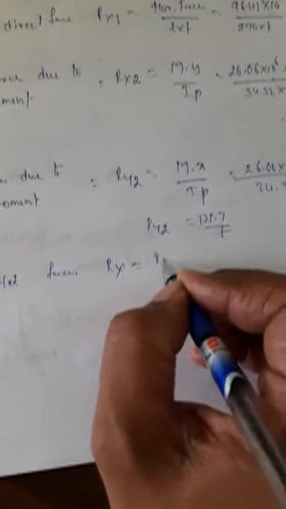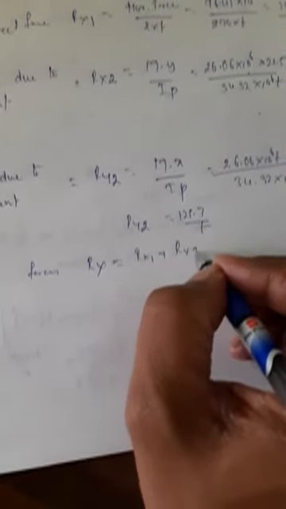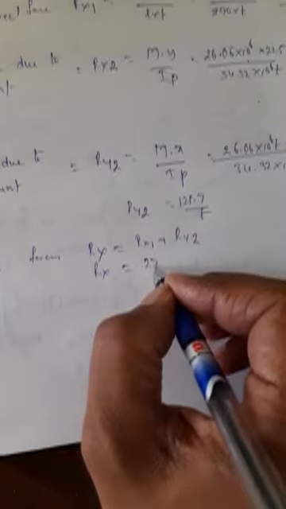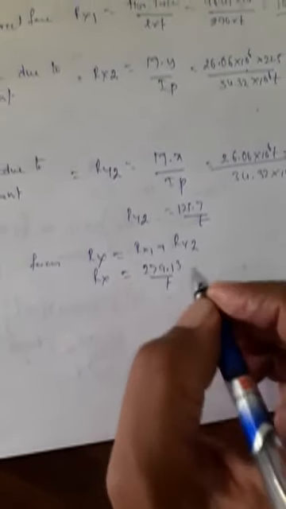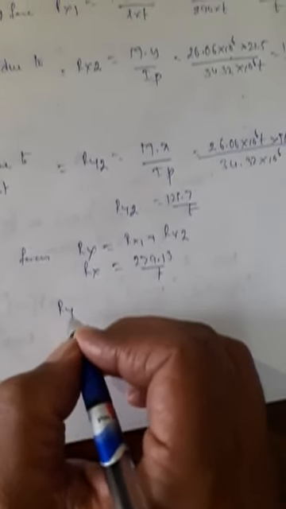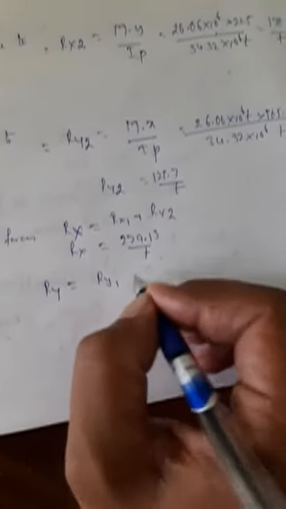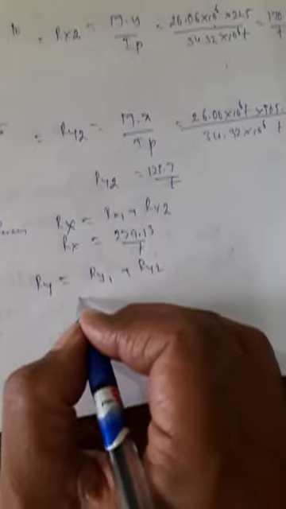Net force is Rx is equal to Rx1 plus Rx2. Rx is equal to 279.13 divided by T. Ry is equal to Ry1 plus Ry2.